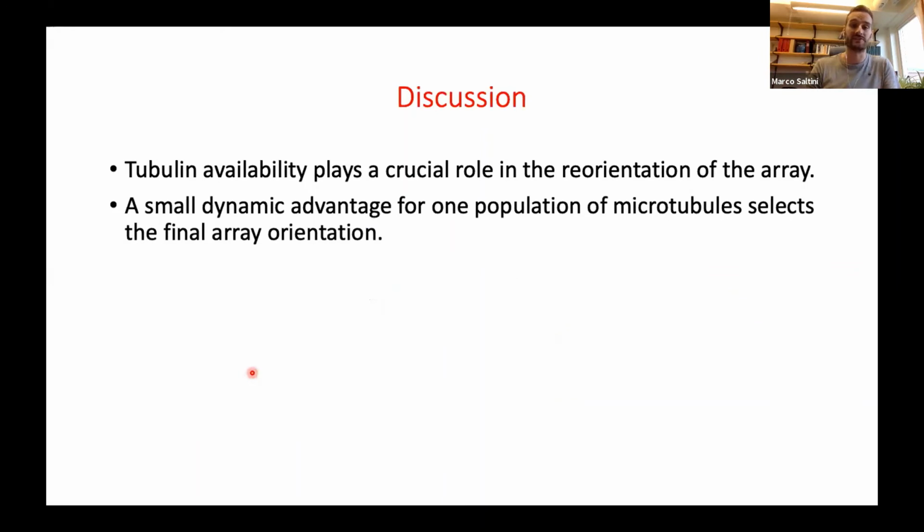The second point is that with a small advantage for one population of microtubules over the other, we can obtain the final array orientation. In the model that I showed you before, we assumed that this small advantage was in the growing speed of microtubules.